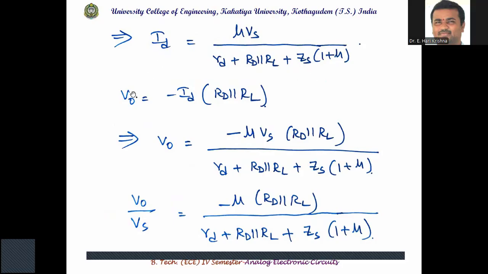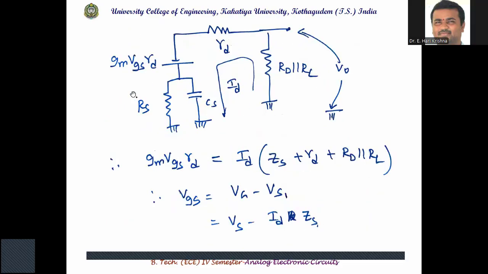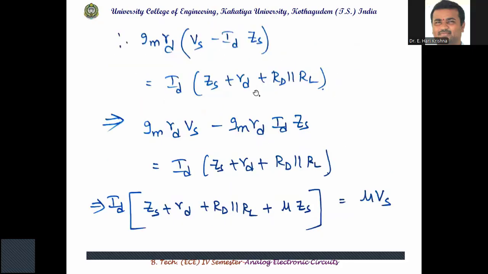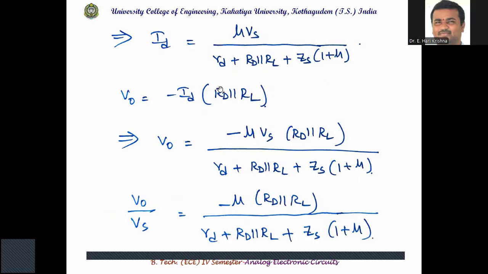V0 is the voltage across the load resistor. That load resistor in this case is RD parallel RL, and the current direction is opposite. So we take minus ID multiplied with RD parallel RL.